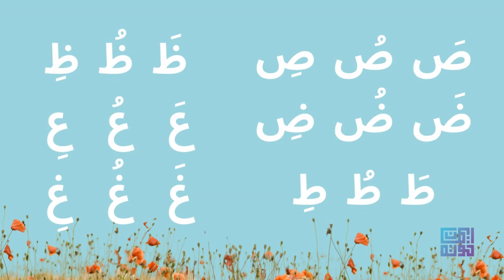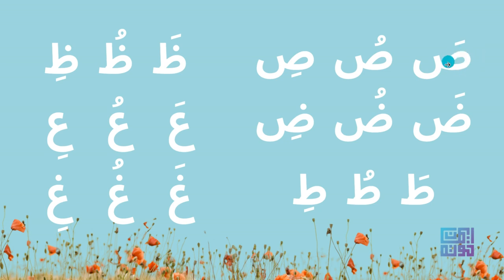And today in this recording, we are going to start with the letter sad. What I want you to notice in these 4 letters, the sad, dad, ta, and dha, is that they share the same shape.